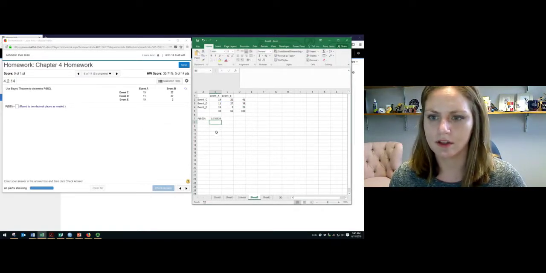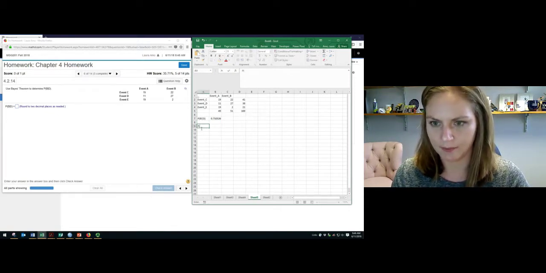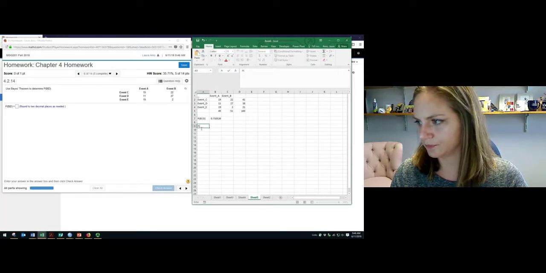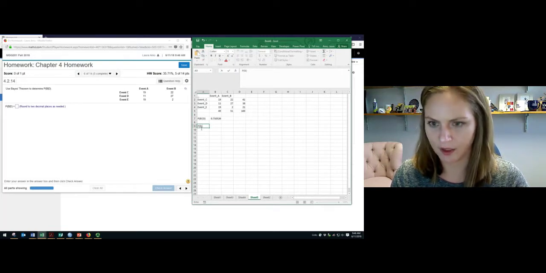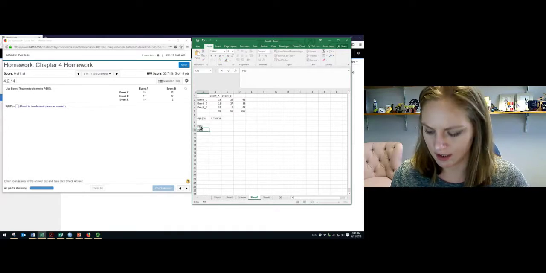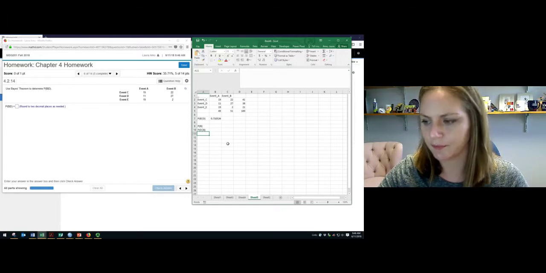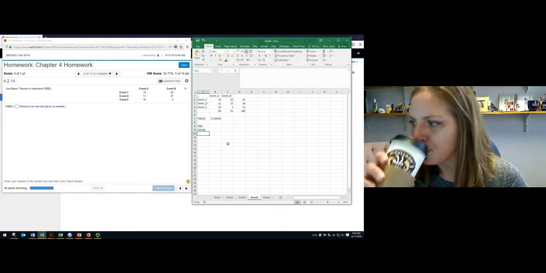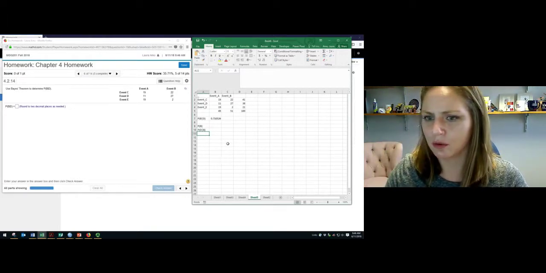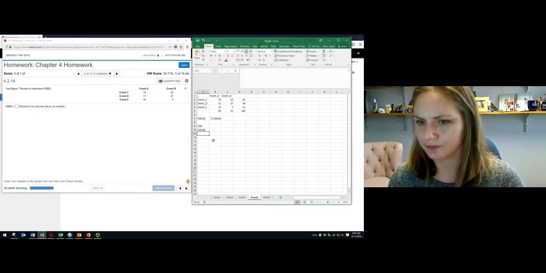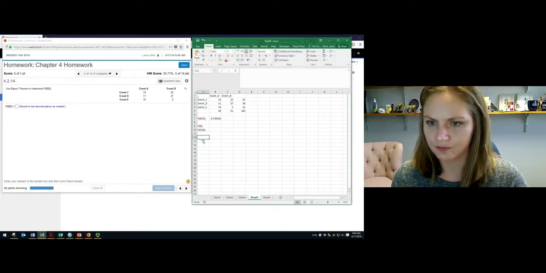But another way that you could do this is take the probability of B, multiply it by the probability of D given B. Sort of like the opposite. And that's going to be your numerator, the product of these two things.